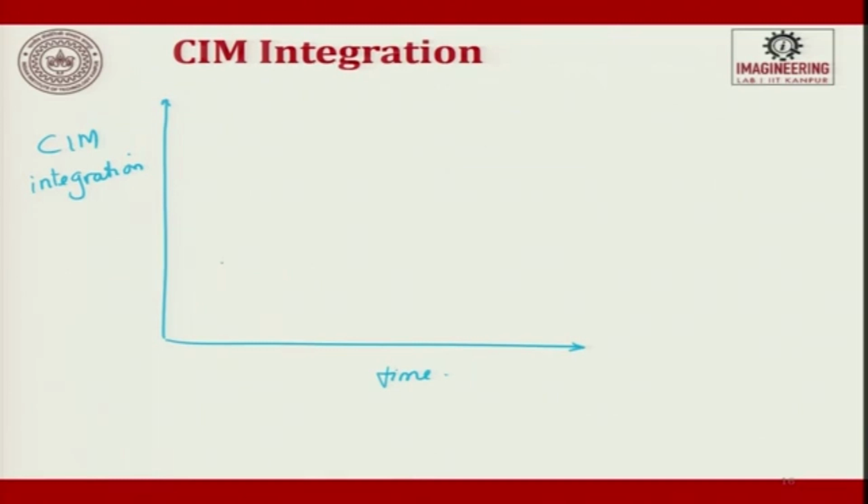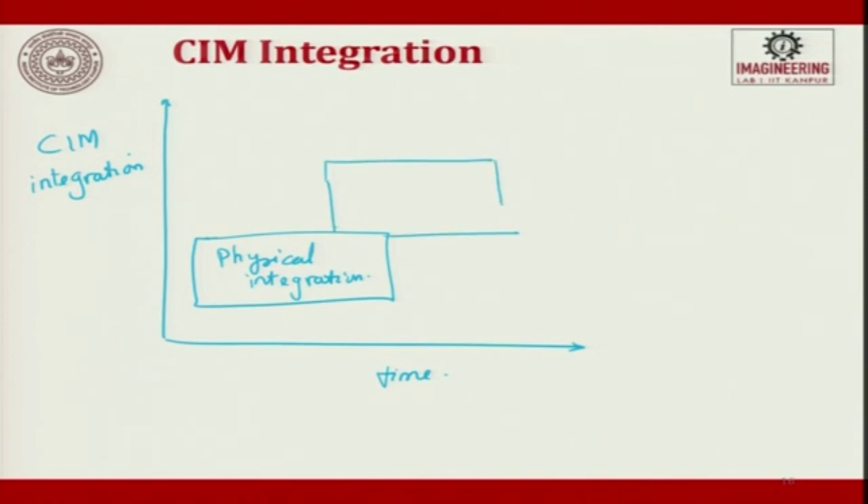So, if we wanted to make a plot of CIM integration with respect to time, it was physical integration, then it was application integration, and the last one was business integration.